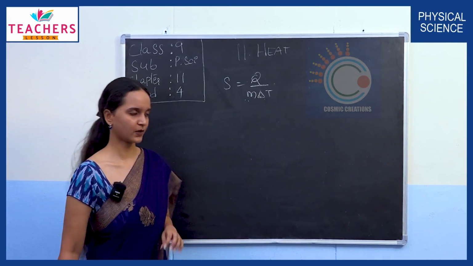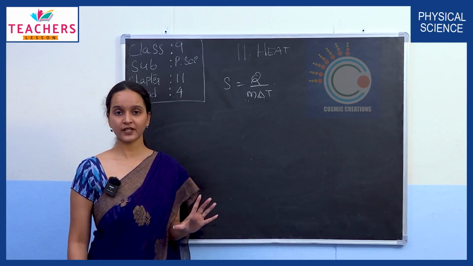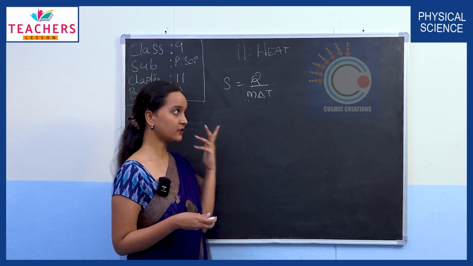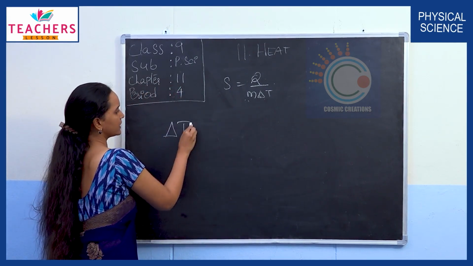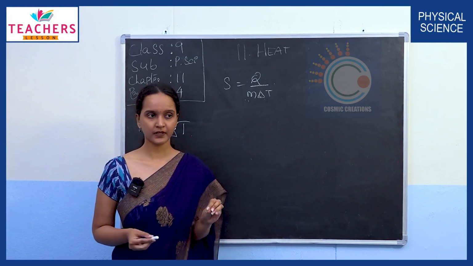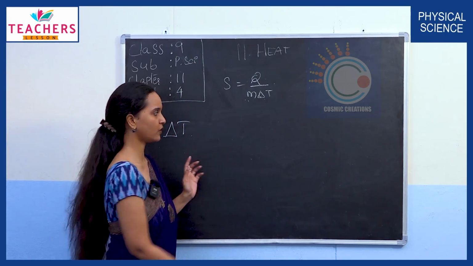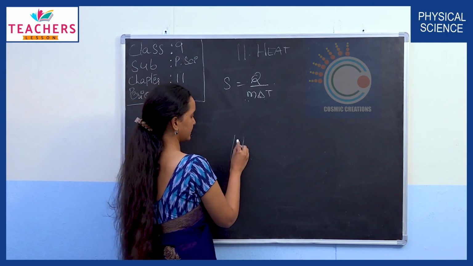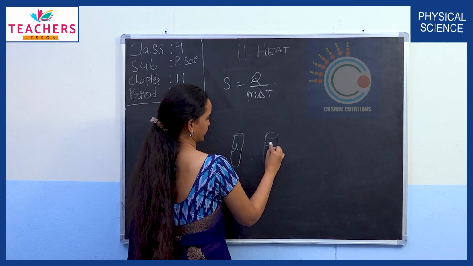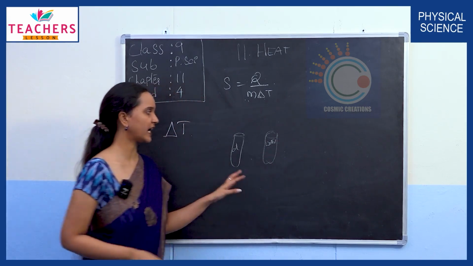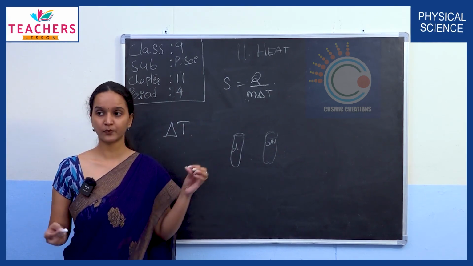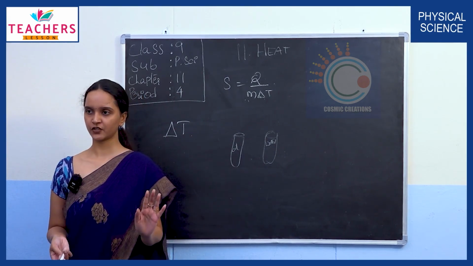Okay. So in the previous session we have discussed that rise in the temperature, or the change of the temperature, depends on the nature of the substance. If you remember, in the previous session we took oil in a small test tube, and at the same time we took water in another test tube, and we heated these samples for the same amount of time by providing the same amount of heat energy.